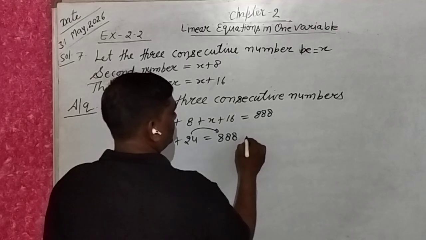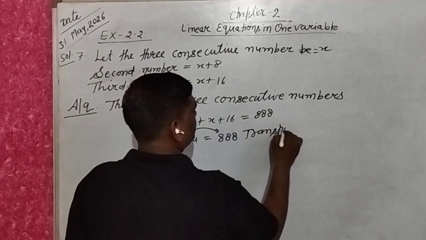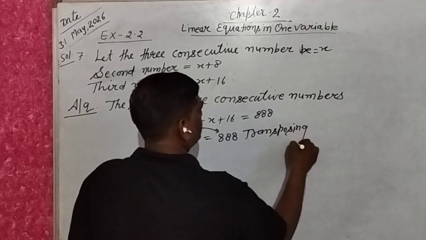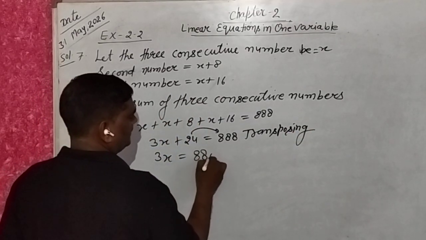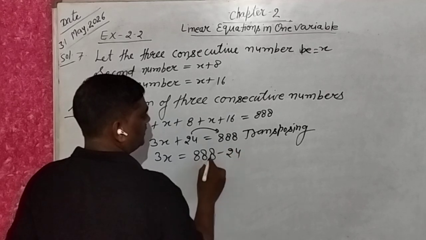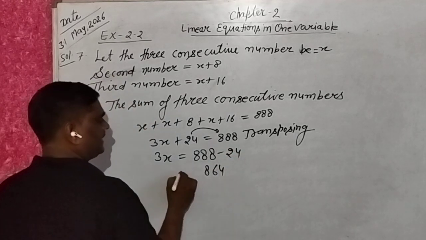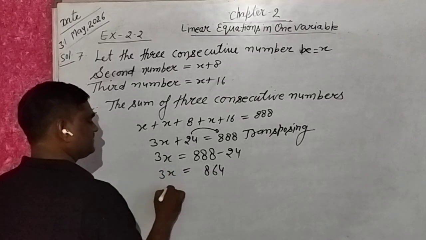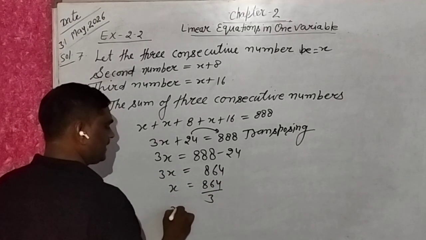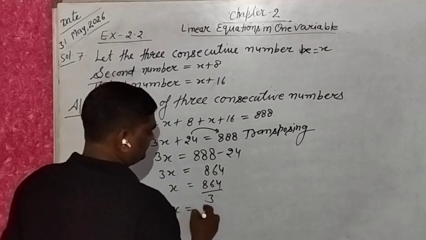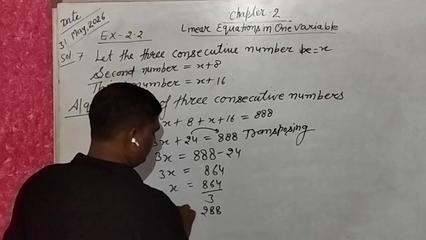Transposing 24 to the other side, you get 3x is equal to 888 minus 24, which is 864. So x is 864 upon 3, which is 288.